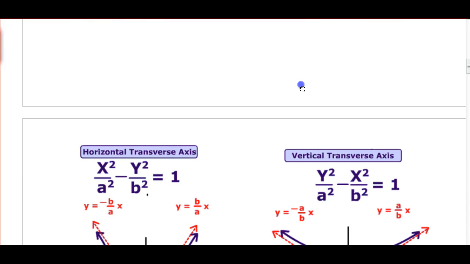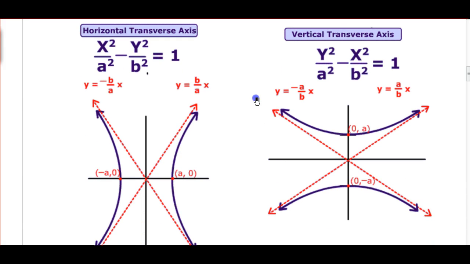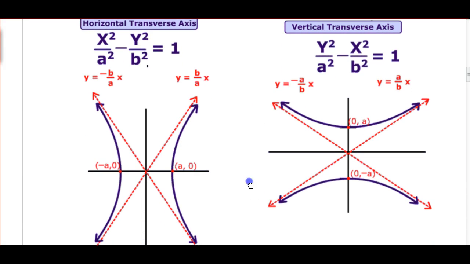Alright, a couple more diagrams here. Here we have vertical transverse axis with our center at 0, 0. Notice these red dotted lines here. We've got our asymptotes, and we'll talk about those a little bit more in a bit as well. If we're looking at that box that we had in the other picture, the box would look something like this.